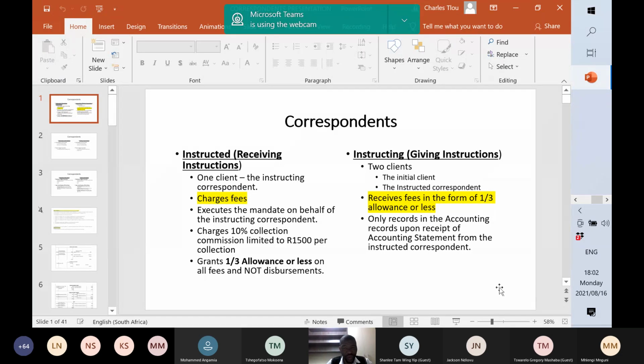In other words, you are going to say this 1,500 Rand, which is the maximum collection, plus the 15% of 1,500 Rand. Now the question is, how much is the 15% of 1,500 Rand? Just check that for me.